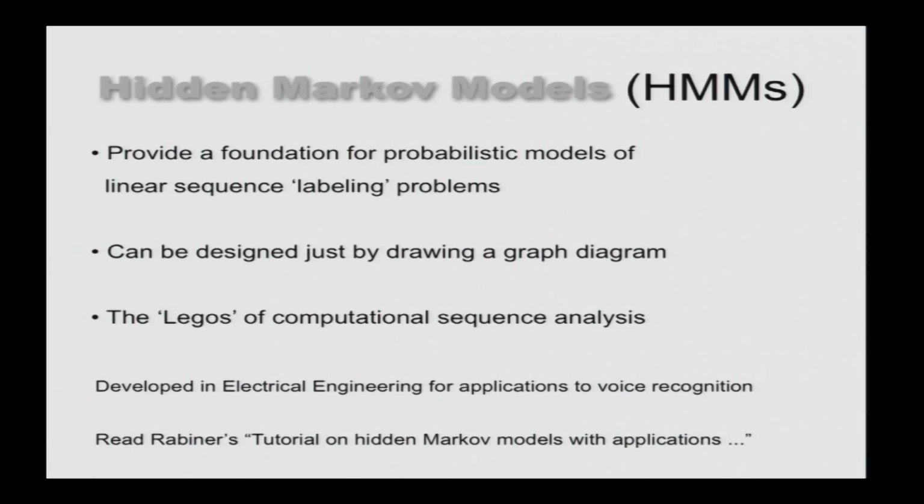All right, so hidden Markov models can be thought of as a general approach for modeling sequence labeling problems. So you have sequences, they might be genomic sequences, protein sequences, RNA sequences, and these sequences have features, promoters, they may have domains, linear motifs, et cetera, and you want to label those features in an unknown sequence.